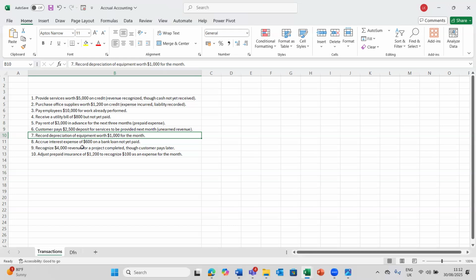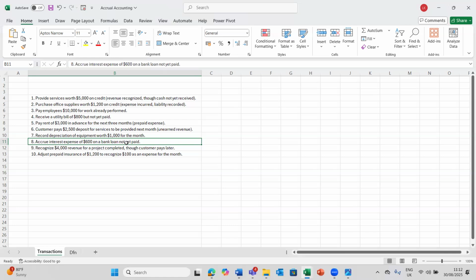And then we have interest expense of $600 on a bank loan not yet paid. If you're supposed to pay $600 in the month of August and you have not paid the interest yet, under accrual accounting we'll record the 600 as our expense in the current period.